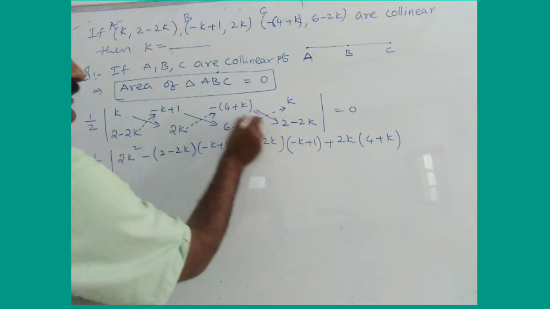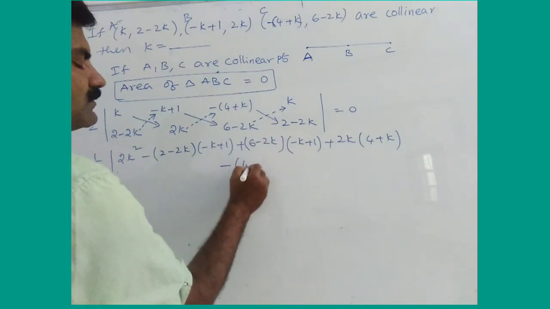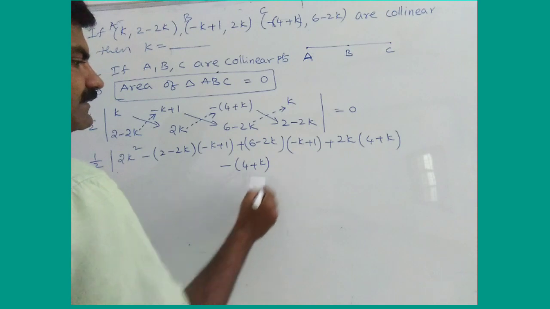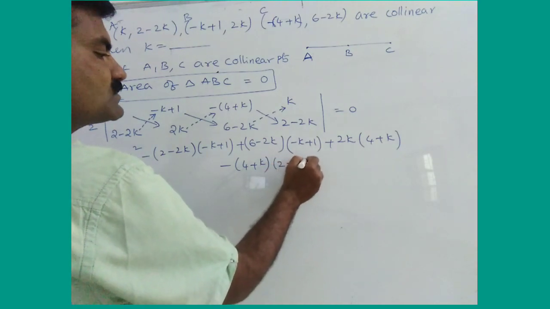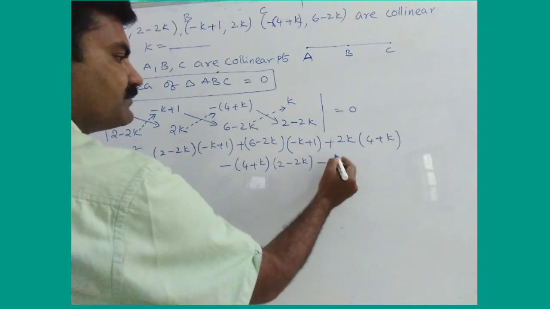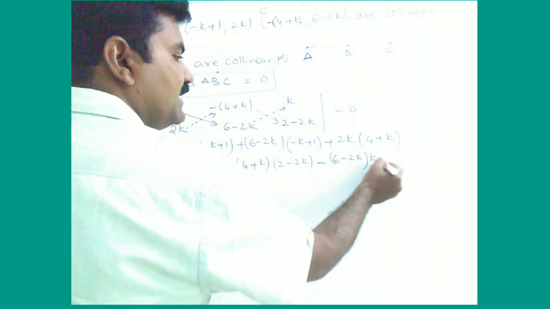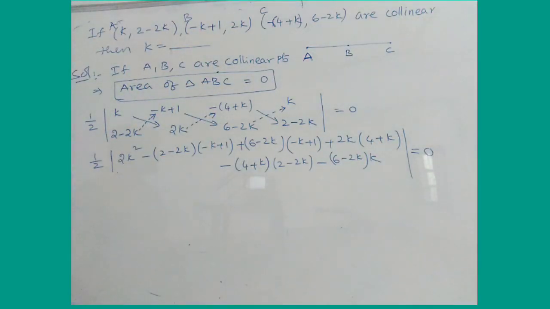Now this into this, that is minus of 4 plus k into 2 minus 2k, and this dotted arrow should be taken minus of 6 minus 2k into k, and this entire modulus must equate to 0.